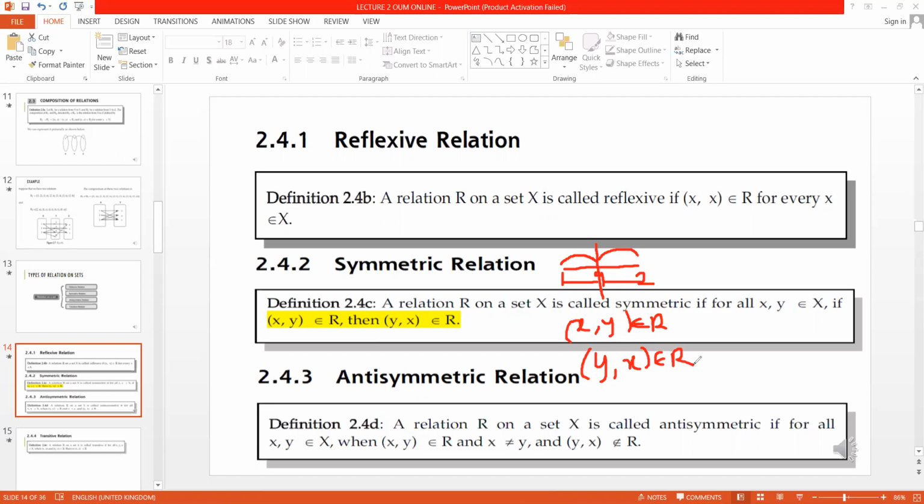So if you have X, Y belonging to R, then Y, X should also belong to R. However, if there is a situation where X, Y belongs to R, but Y, X does not belong to R, then we say that the relation is anti-symmetric. Okay, then finally, for the last condition, we have transitivity.